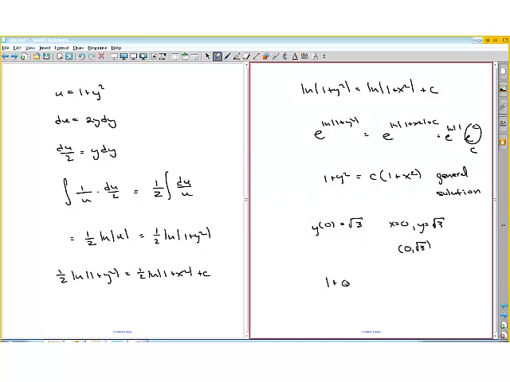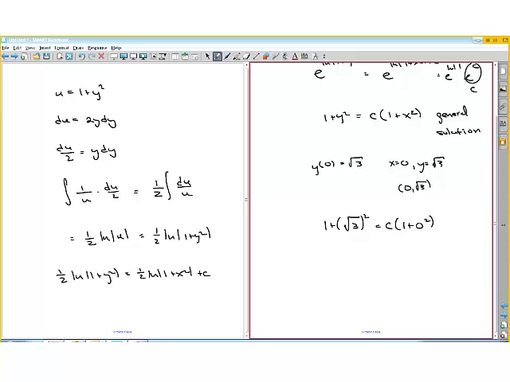So we get 1 plus the square root of 3 quantity squared is equal to c times 1 plus 0 quantity squared. So the square root of 3 squared is 3. And we get c times 1, so c is equal to 4.